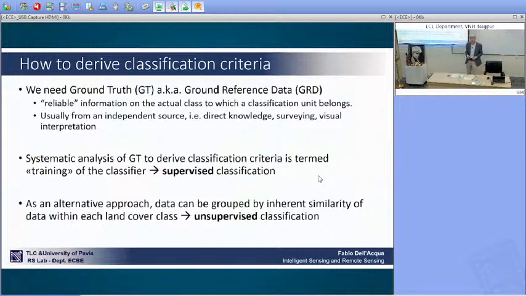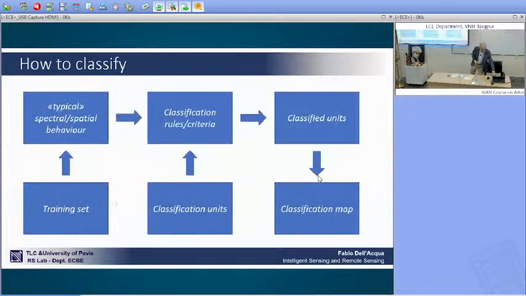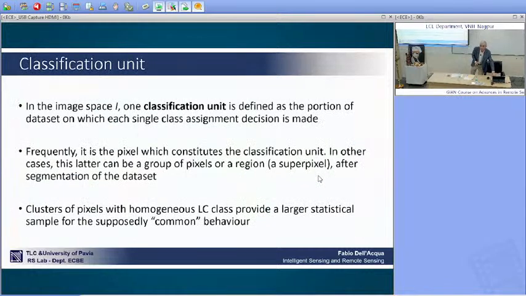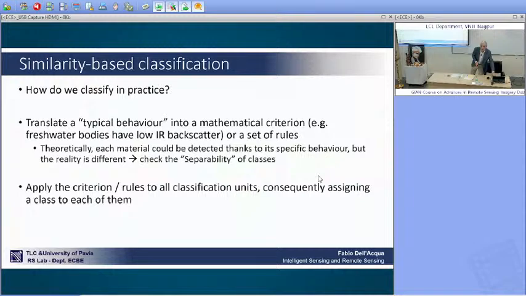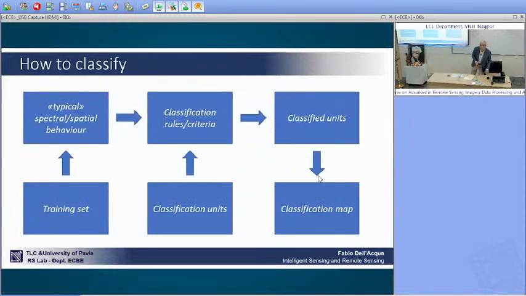What is the difference? Yes. Yes, classification units are here as well as there. This is classified, because these are still to be classified. Then I crunch them, and something here will take a decision about what class each classification unit belongs to.